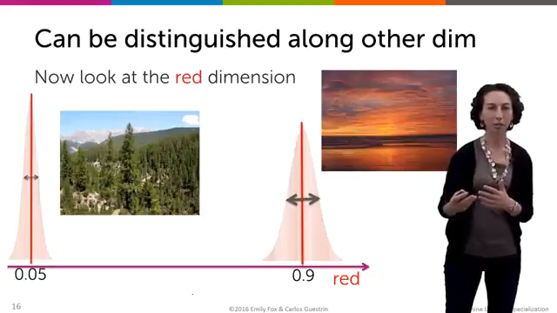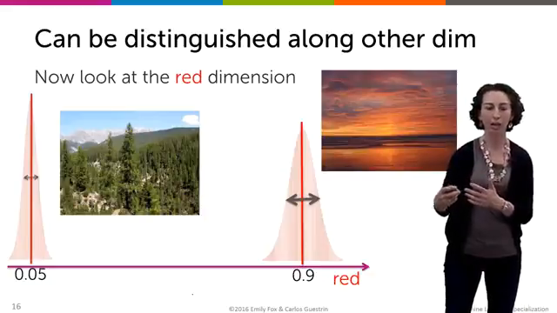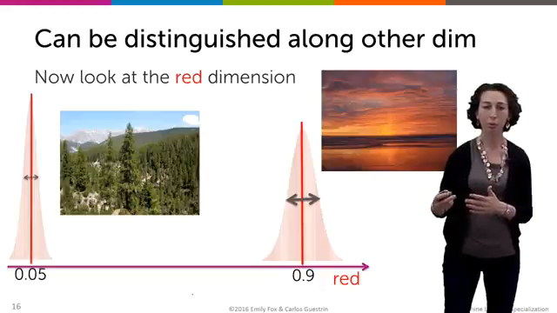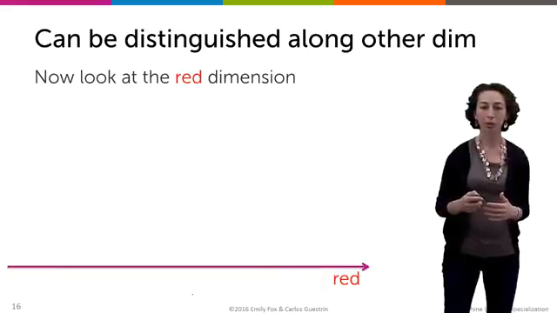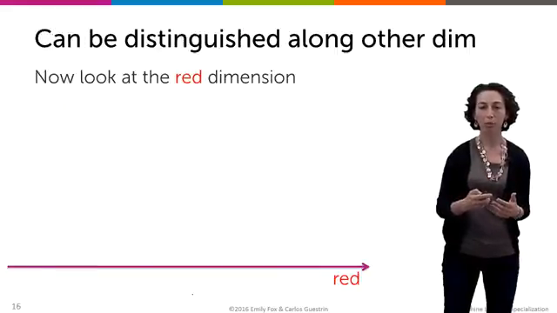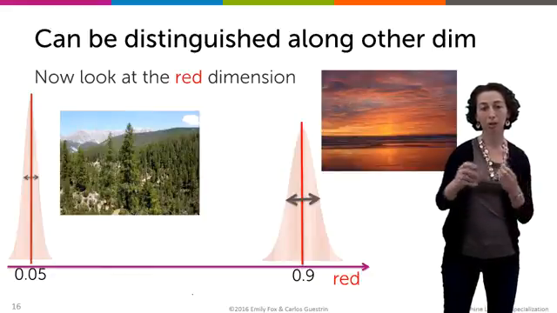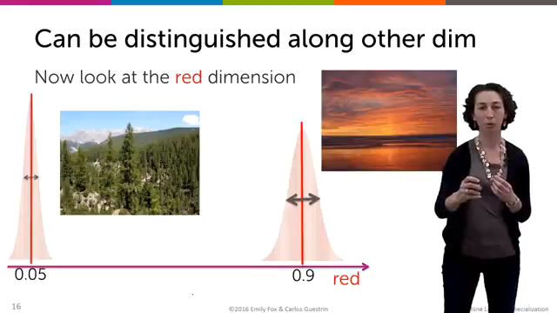But if we look at the sunset images, then the red intensities are going to be really high, maybe something centered around 0.9. So whereas when we looked at the blue category, it was pretty hard to distinguish between forests and sunsets, when we look at the red dimension, maybe along that dimension, things are much more separable.